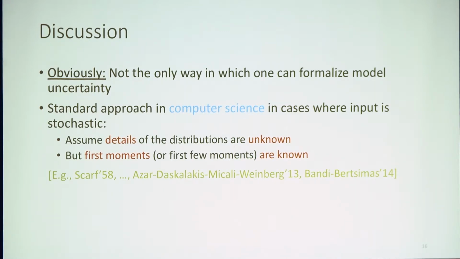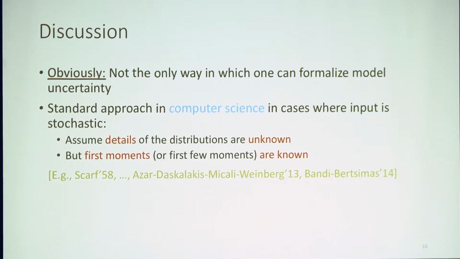In particular, I think there's one assumption that's very common in computer science. If you look at problems with a stochastic ingredient and you want to be robust, then what we often do is assume that the details of the distributions are unknown, but maybe that you know the first and second and so on moment of the distribution. I think that's another natural notion of robustness that one could study in this setting. And indeed, this has been done in computer science and OR since quite some time.